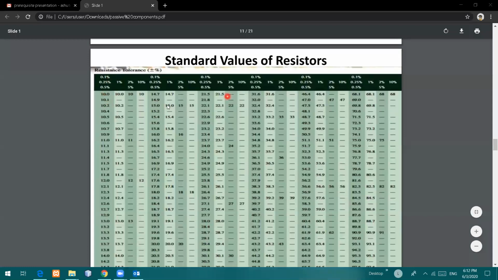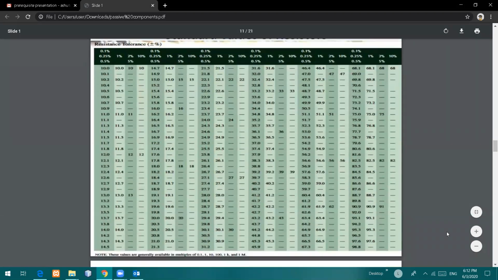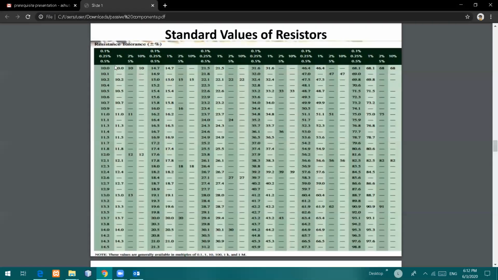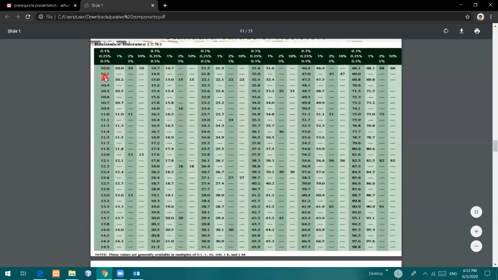Suppose you go by this particular chart, a 10 ohm resistor is available in the market, 10.1 is available, 10.2, 15 ohms. Then here tolerance is also given: 1% tolerance, 2% tolerance, 5% tolerance.